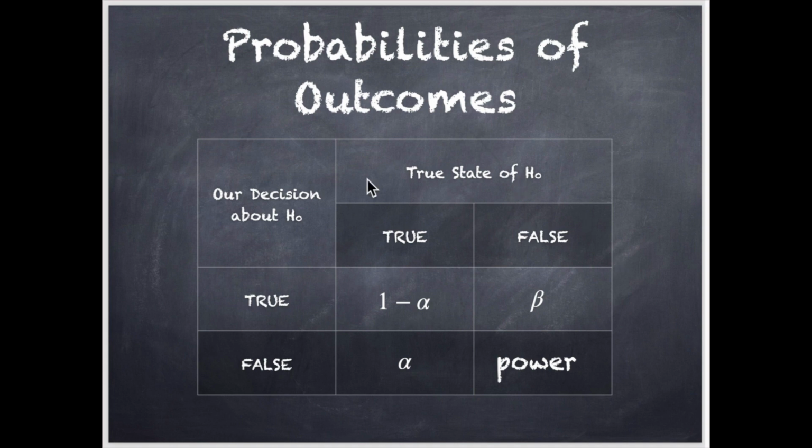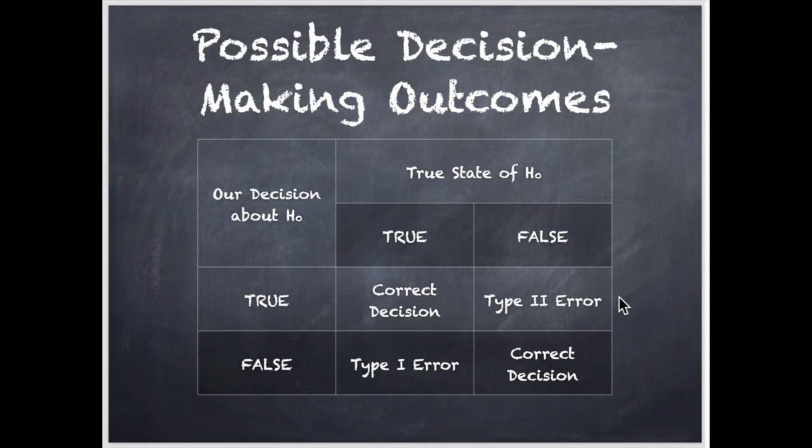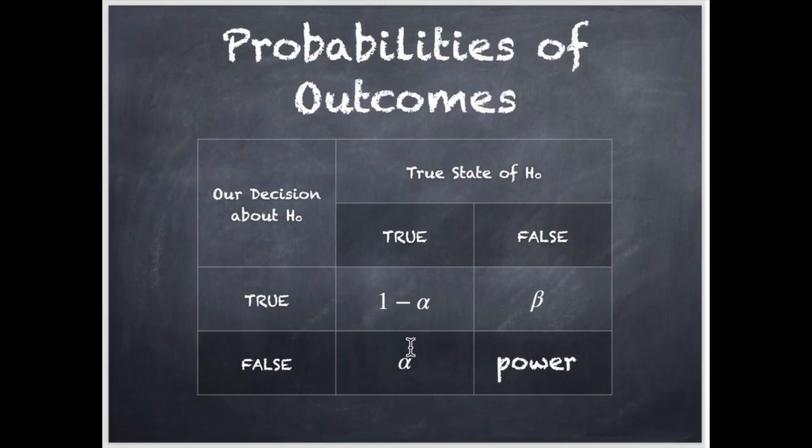And so going back to our two-way table here, we can drop in this notation that shows us where these different quantities lie. So if we go back here, again, this cell corresponds to a type 1 error, and the probability of a type 1 error is denoted by alpha.